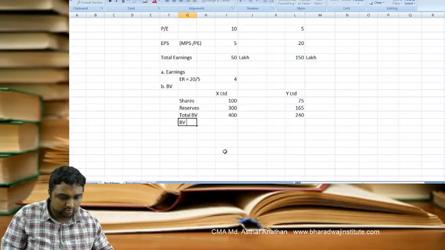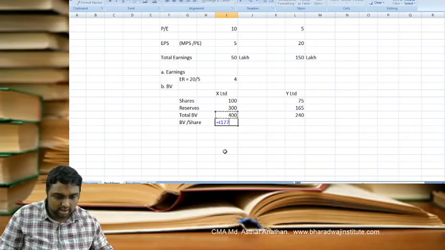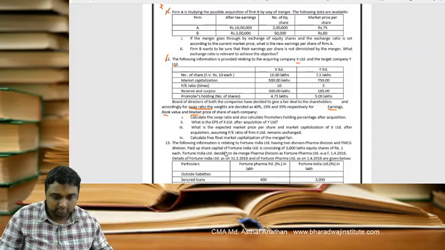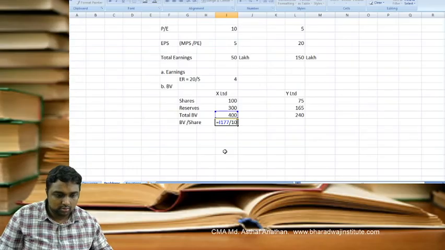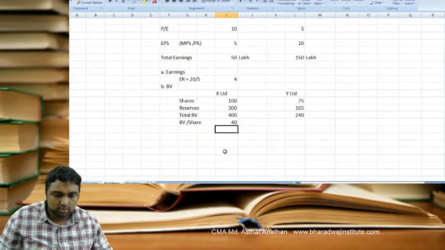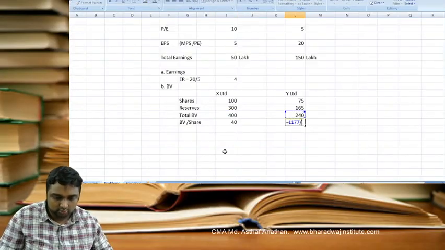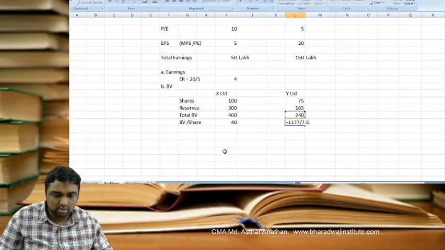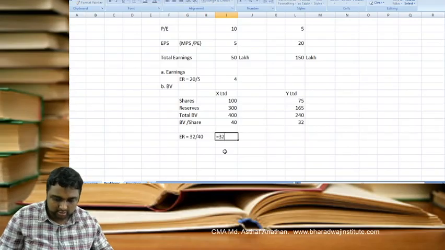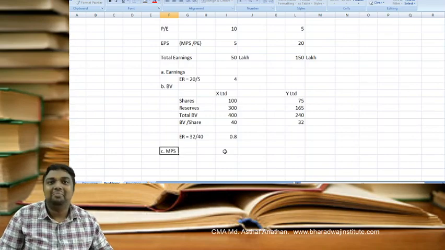That is what we require. 400 lakh, how many shares do we have? Here 240 divided by how many shares? 7.5, 32. So what will be the exchange ratio? 32 by 40, 0.8.